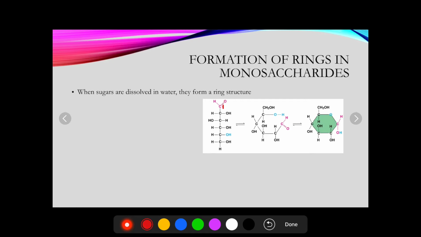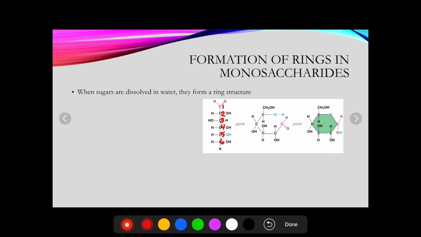Carbon 2, then carbon 3, then carbon 4, 5, and 6. You'll see that carbon 5 has an OH group that's diagrammed with blue. We're going to want to keep an eye on that because when the ring structure forms in hexoses, in 6-carbon sugars, usually it's going to be this OH right here that is involved in the bond. So this OH here kind of wraps back around to the top and makes the bond.